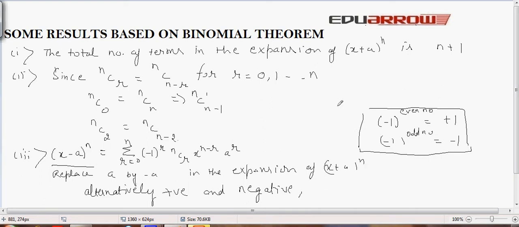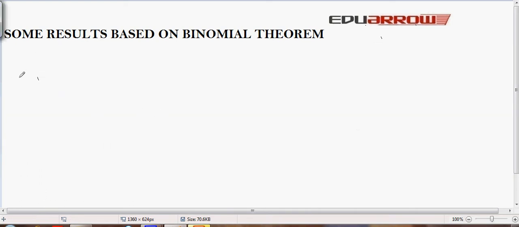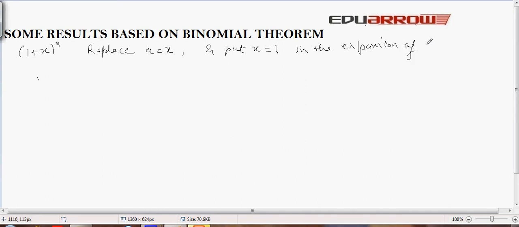Now next result is if we want to do the expansion of 1 plus x raised to n. So we can find out as replace a is equal to x and put x is equal to 1 in the expansion of x plus a raised to n.